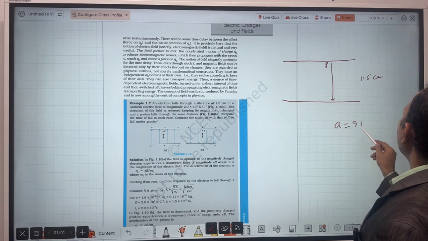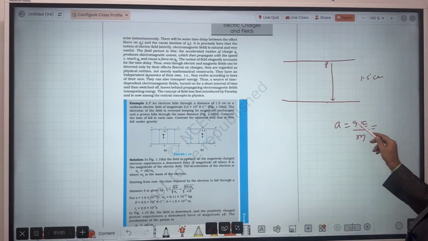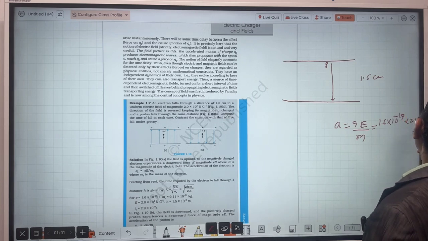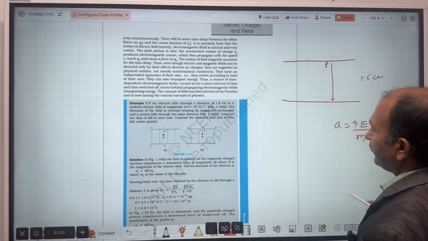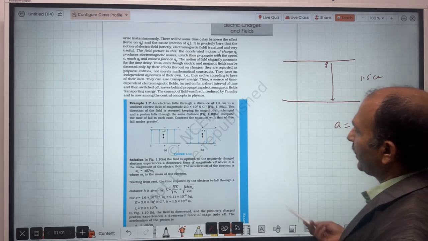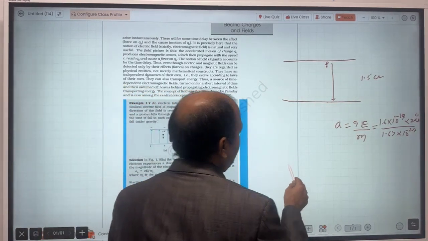This time again you have to find out the acceleration. So a will be QE upon m. QE: the charge on a proton is the same as that on an electron, 1.6 to the power minus 19, into electric field, which has value 2 into 10 power 4, divided by the mass of the proton. In our question, if it is not given, then you can take 1.67 into 10 power minus 27 kg. And then you can apply the same formula as you have done in the case of the electron.